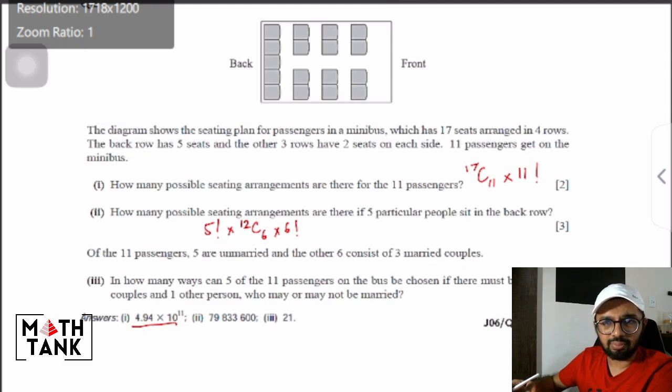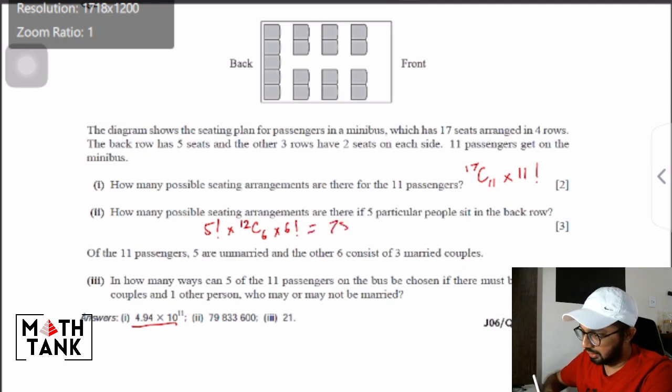Yes, some people use P instead of C, but you've got to know how to use it and where to use it and where not to use it. Then again, 5C3 and 5C2 will both get me 10, but that doesn't mean that both of those answers are correct. You need to be able to tell me which one is correct and then apply the solution. So I get 7,983,360.